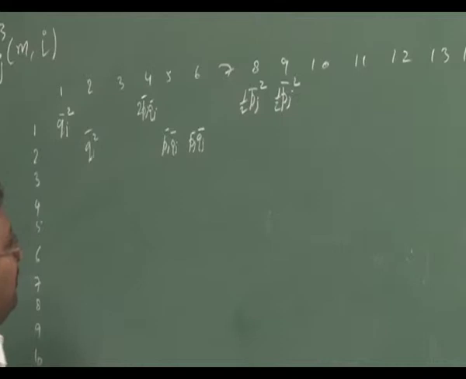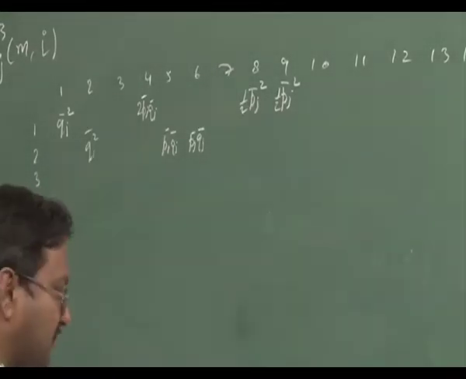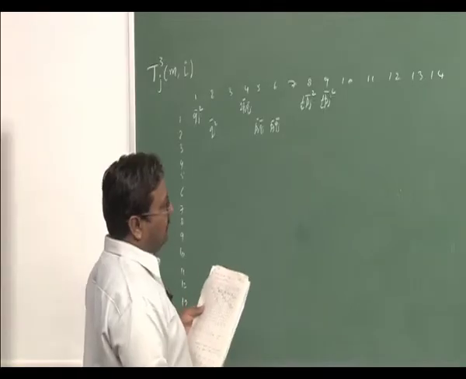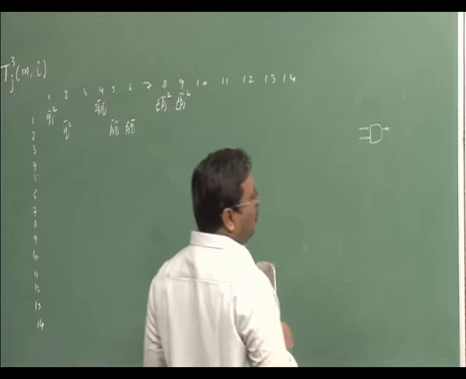So one packet arriving probability is 2 Pj Qj, both bars. I am making half of that. And next one, both packets will arrive.